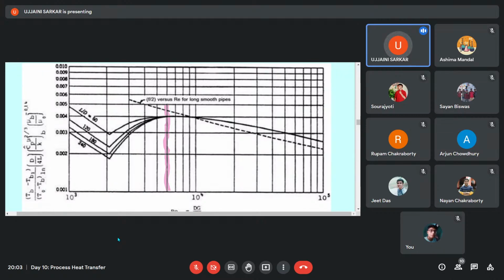Now intercepted at which value of L by D? That is very difficult actually to find out. You can see all the points are merging at 6140.